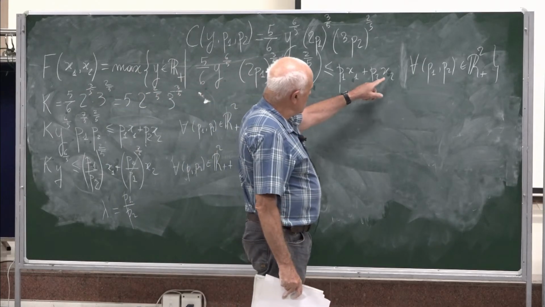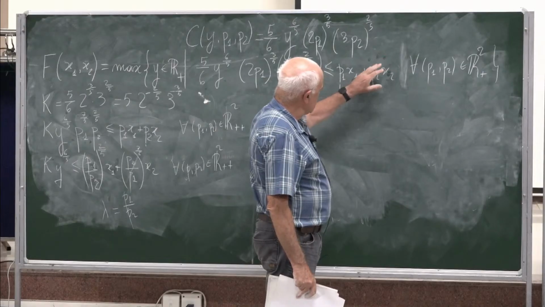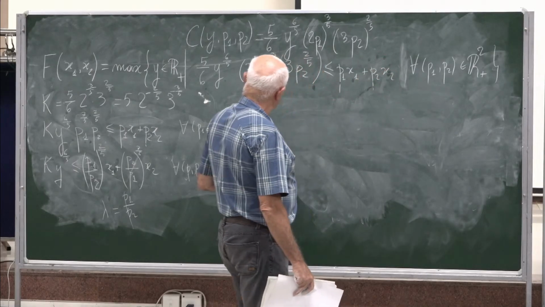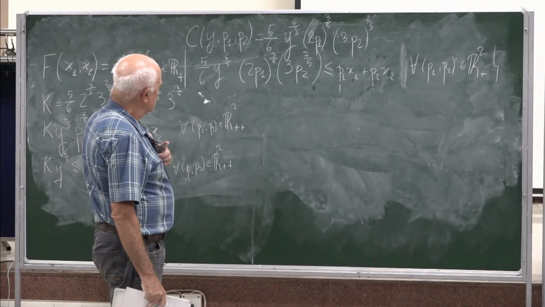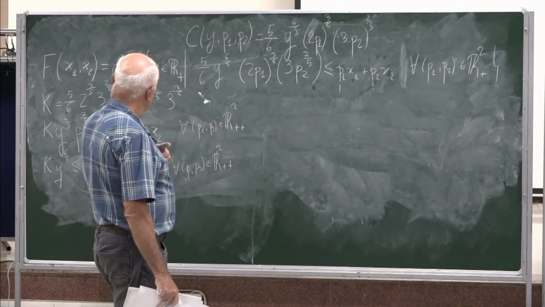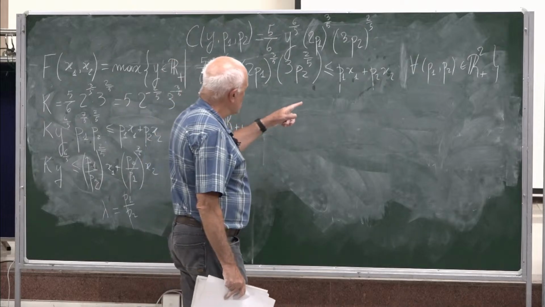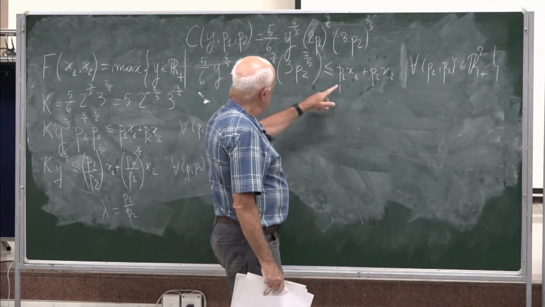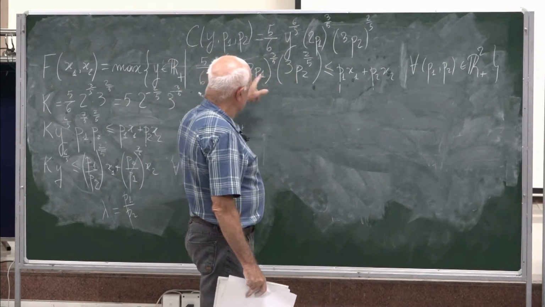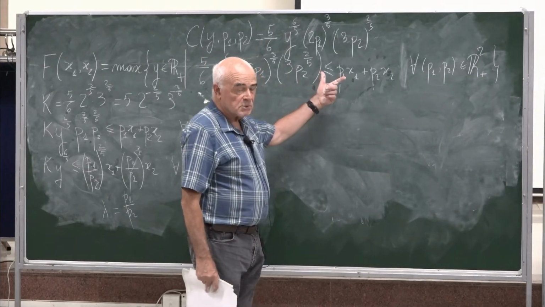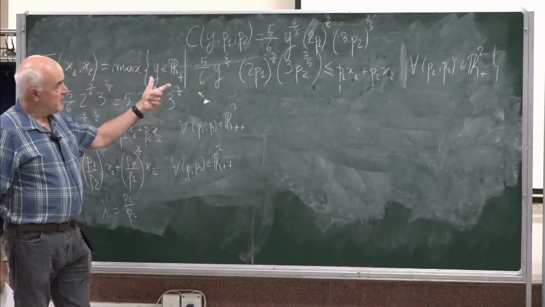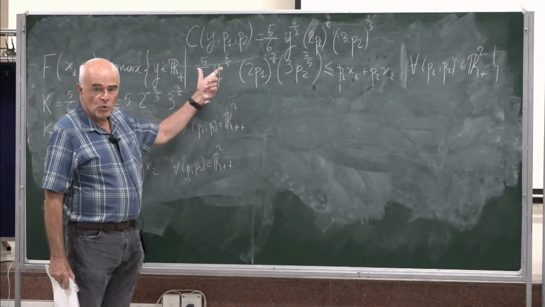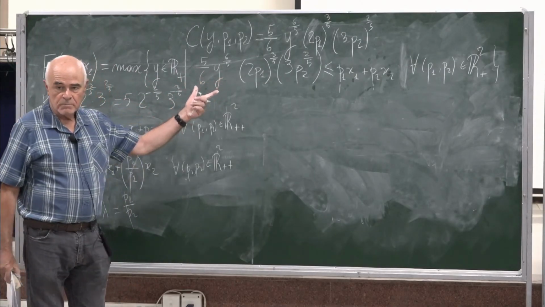Yes, if x2 is 0, this term disappears. Then I can make P1 as small as I like for our given x1. And then I would have this less than or equal to an arbitrarily small number, which means that this must be equal to 0, so y would be equal to 0.